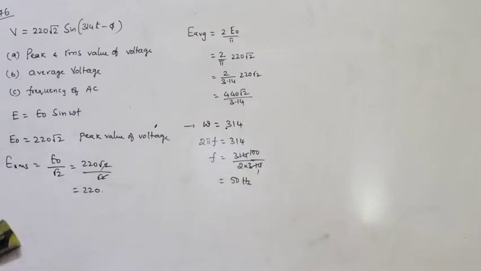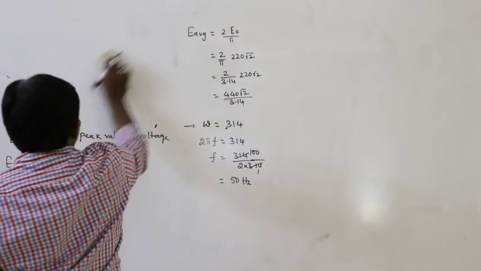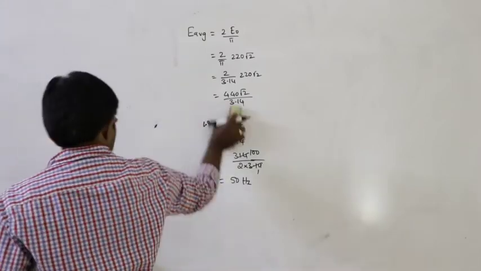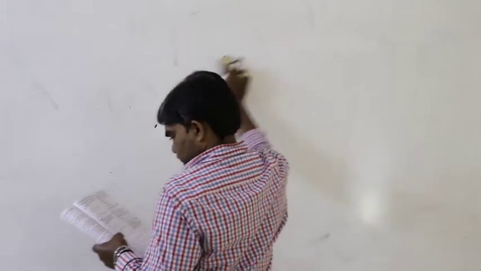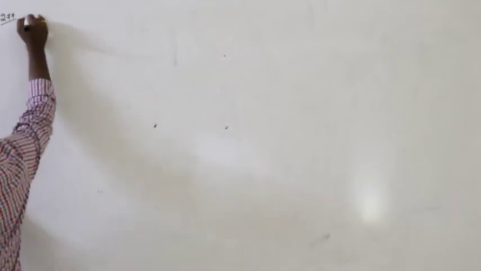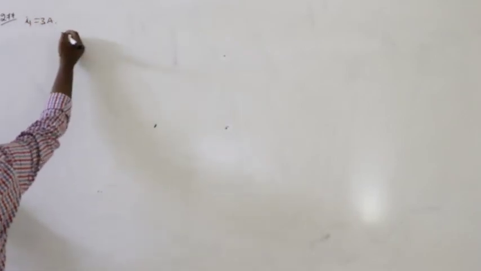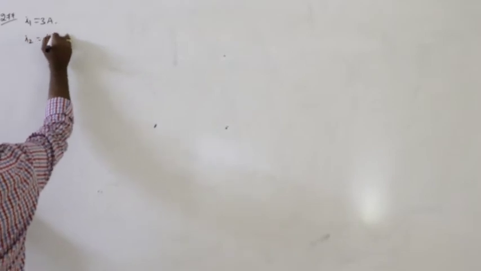So next problem. Page 277, one problem. Current is made of two components, a DC component I1 equal to 3 amperes and an AC component I2 equal to 4 root 2 sin omega t.